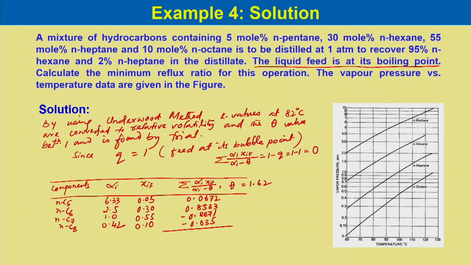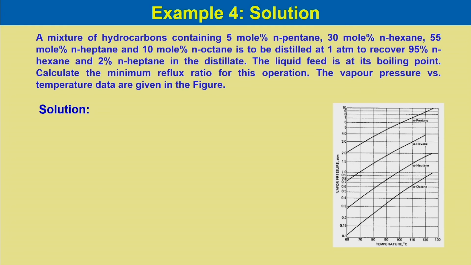So, this would be minus 0.0026. So, theta is 1.62 by trial and error.